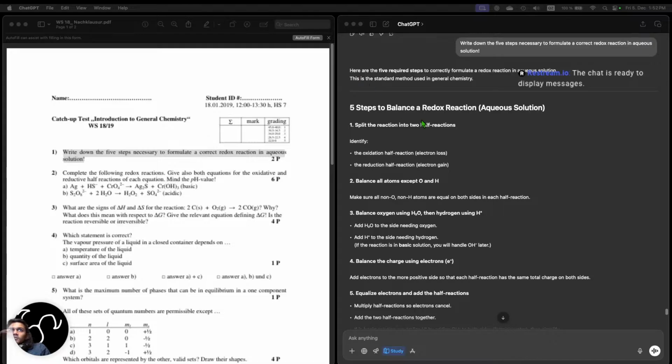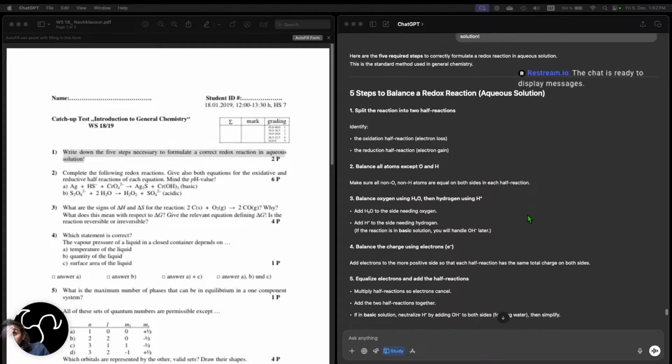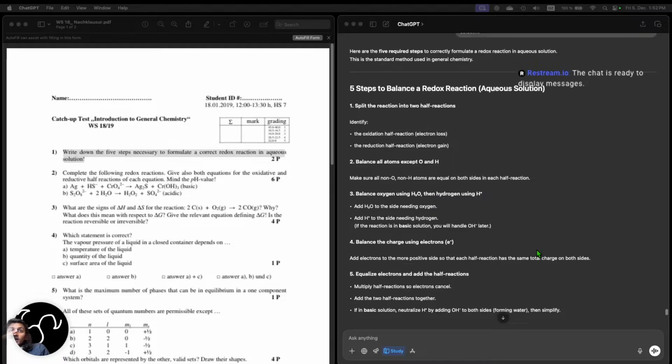It's 5 steps to balance: split the reaction into two half reactions. Balance all atoms except O and H. Balance oxygen using water and hydrogen using H plus. Balance the charge using electrons. Equalize electrons and add the half reactions.